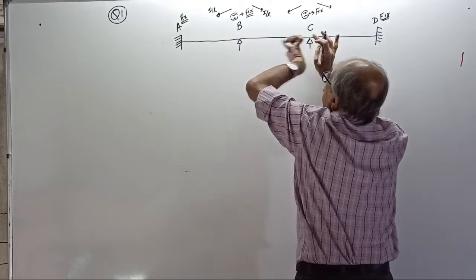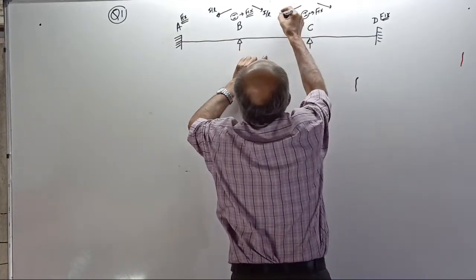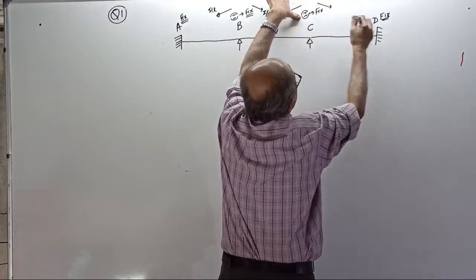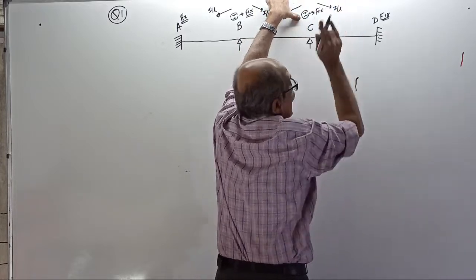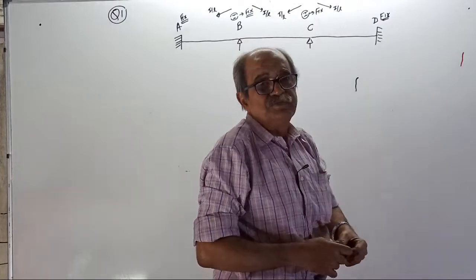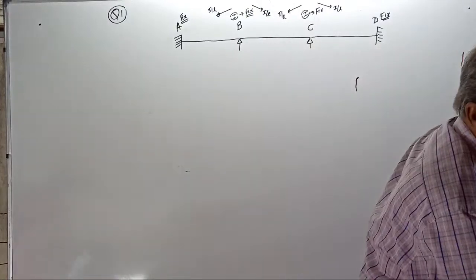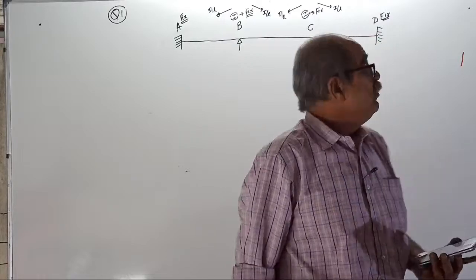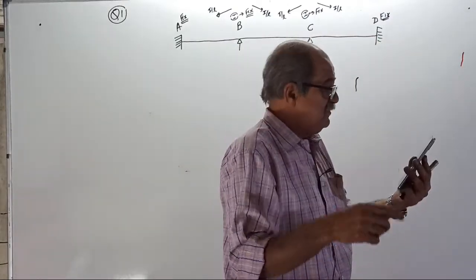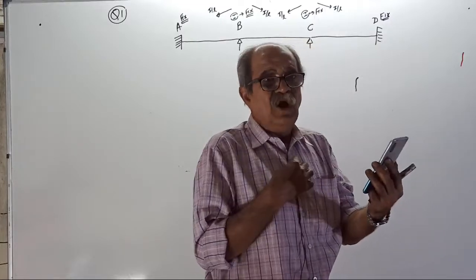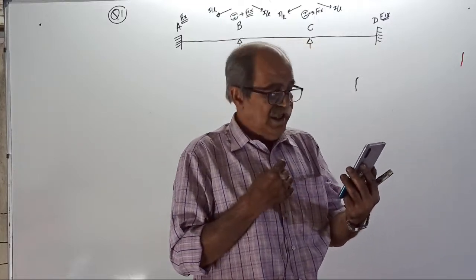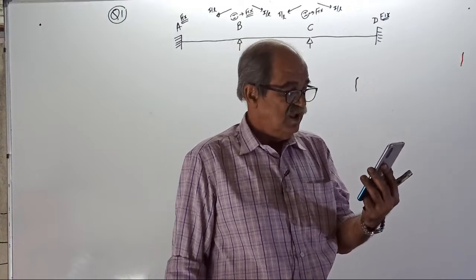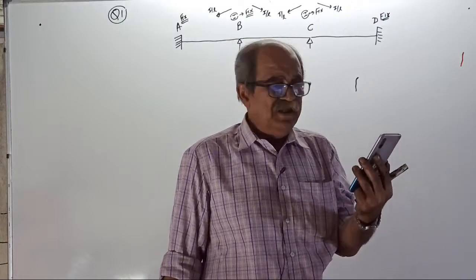Relative stiffness for far end intermediate is I by L. Relative stiffness for far end fixed is I by L. I am not writing k, but you should write small k; my space is not there. Clear? What I wrote is relative stiffness.